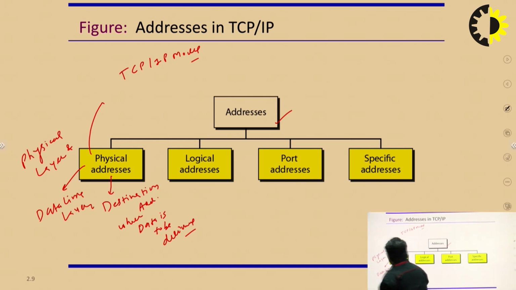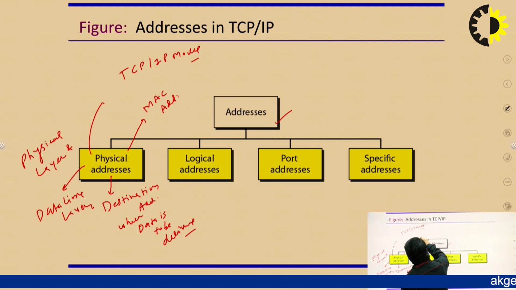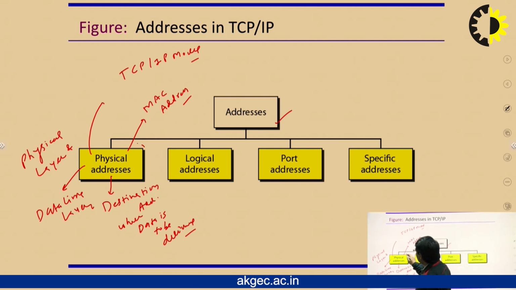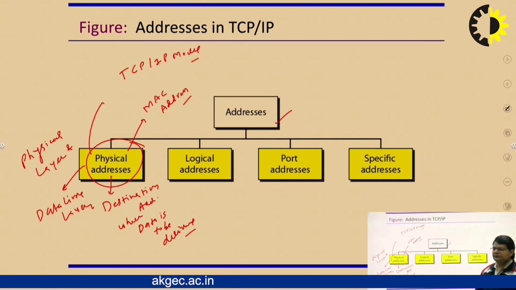This physical address is also known as the MAC address, that is the LAN address, Ethernet address or network card address. So this physical address is used for delivering the data to the exact destination.